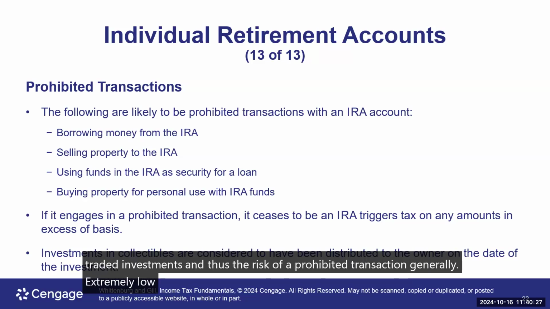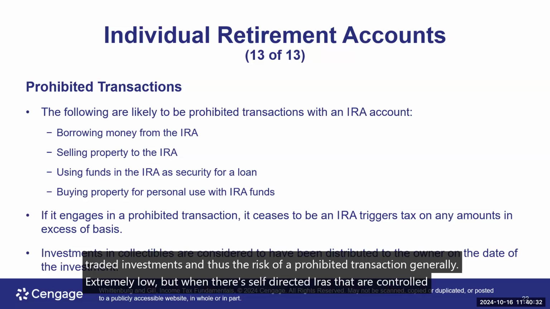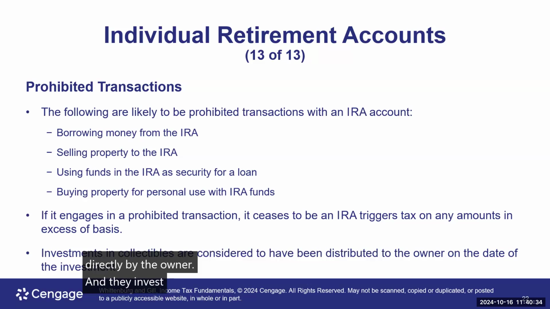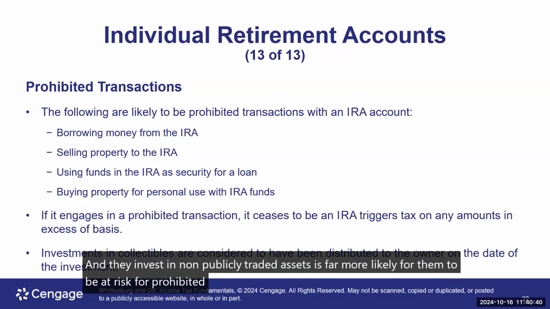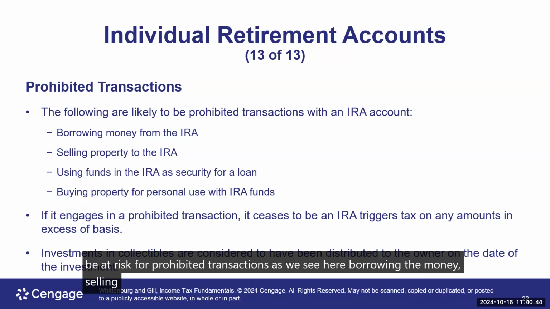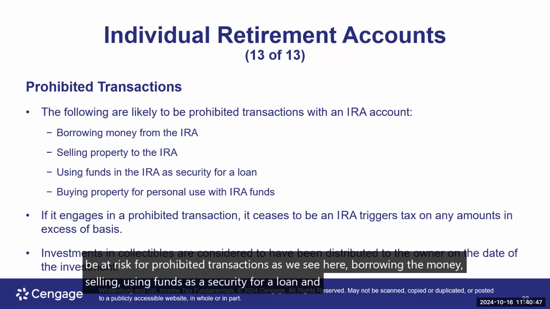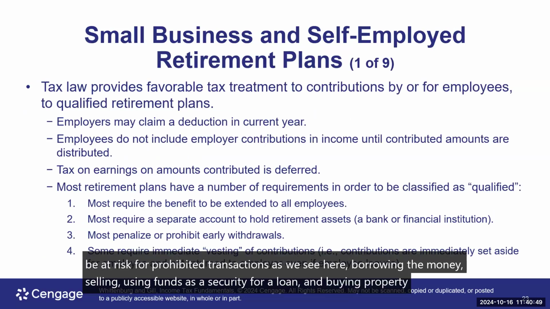But self-directed IRAs that are controlled directly by the owner and invest in non-publicly traded assets are far more likely to be at risk for prohibited transactions. As we see here: borrowing the money, selling, using funds as security for a loan, and buying property for personal use.